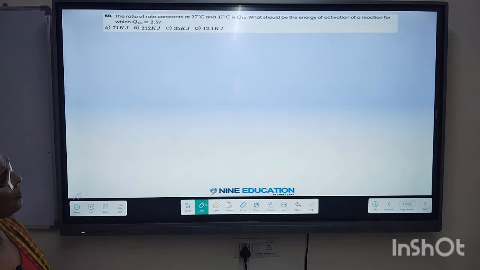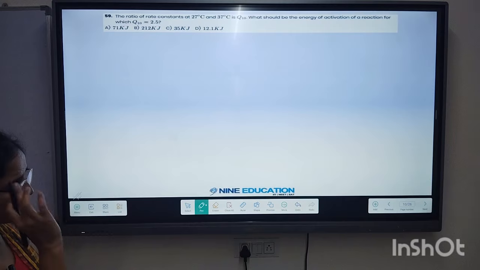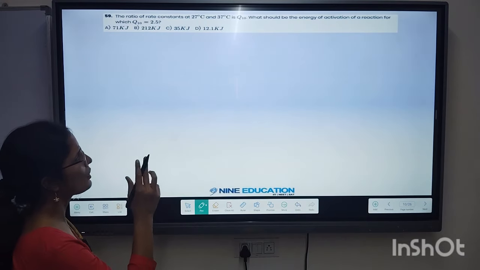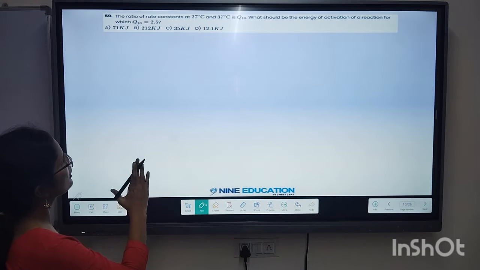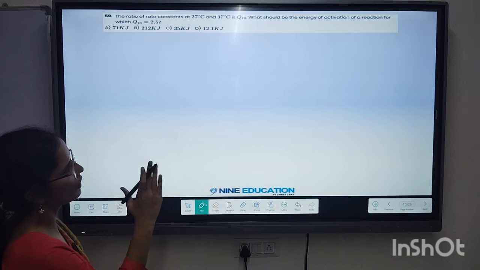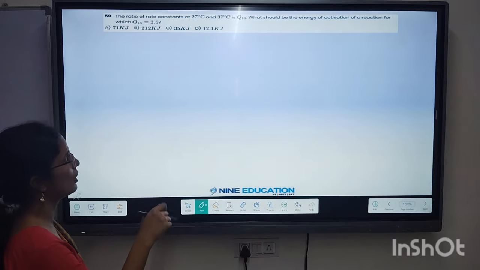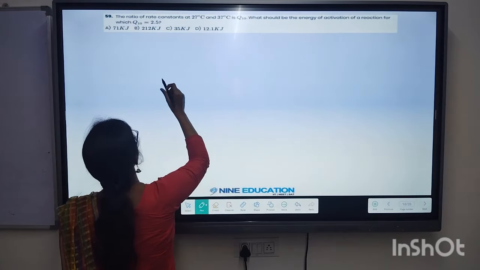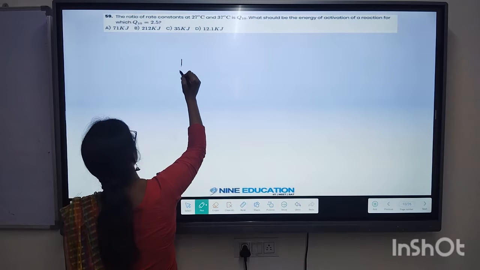Okay, so some general reaction is there for which they are providing a ratio of the rate constant at two different temperatures, which is nothing but Q10, and we need to find out the energy of activation. Now you just need to remember the formula which basically relates your rate constant ratio with the activation energy and the temperature. There is one formula, very famous one and very easy also.